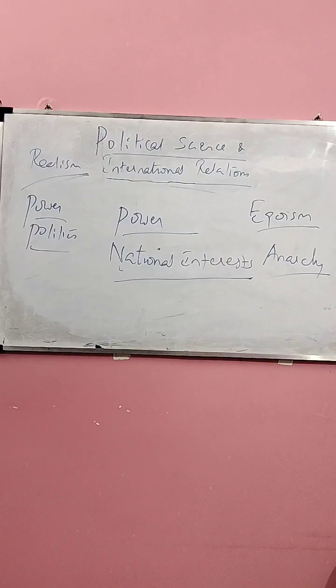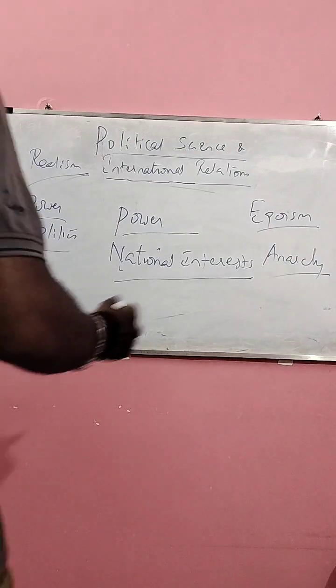You imagine a village or a town with no law, with no police. Now this is nothing but anarchy. Now in such a situation, each and every human being will definitely try to maximize his interest, is it not? So this is the view of the realist scholars. So it is nothing but egoism plus anarchy.